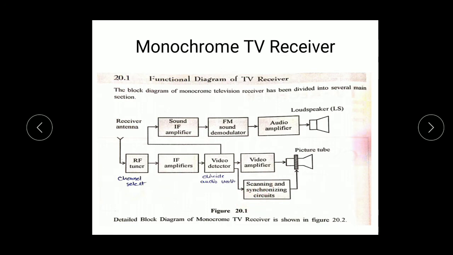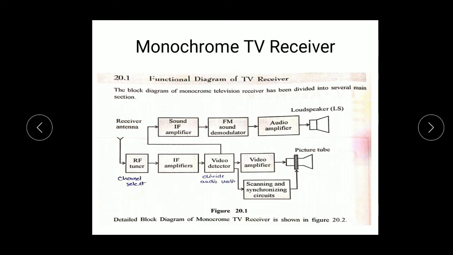After detection, the video signal is sent to the video amplifier, and then to the TV screen, the picture tube, which may be a CRT. Then the audio signal is sent to the audio IF amplifier and is demodulated by the FM frequency demodulator, and then sent to the audio amplifier and then to the loudspeaker.